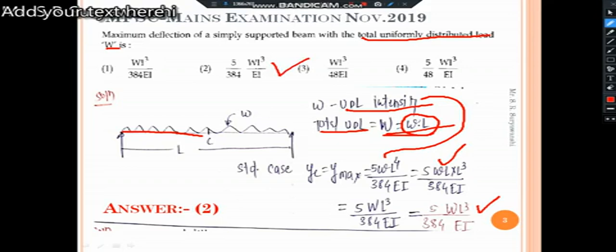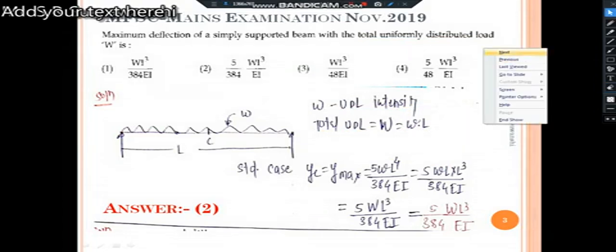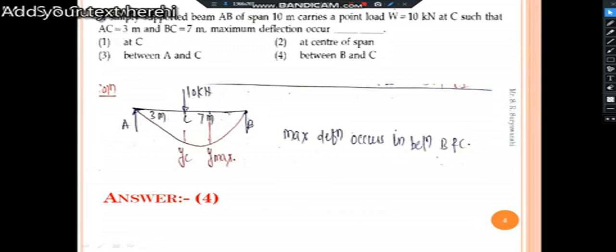Okay, now we will see the next. A simply supported beam AB of span 10 meter carries a point load of 10 kilonewton at C such that AC is 3 meter, whereas BC is 7 meter, and at C there is a point load of 10 kilonewton. They have asked whether maximum deflection occurs at C, in between AC, at the center of span, or in between BC.